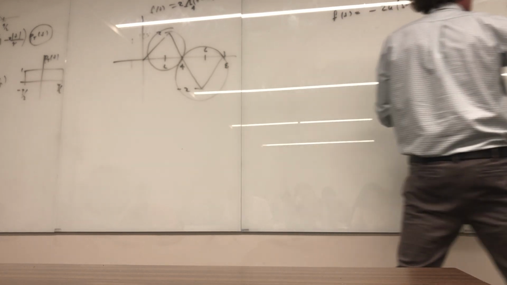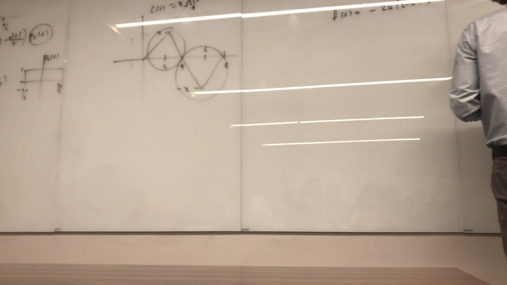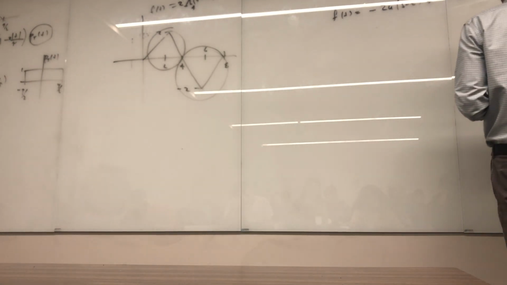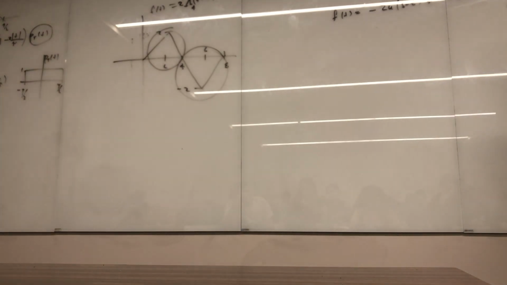And I want you to graph that over the range -5 to 5. So this would be a kind of a problem I'd give you on a quiz. So I want you to graph that.